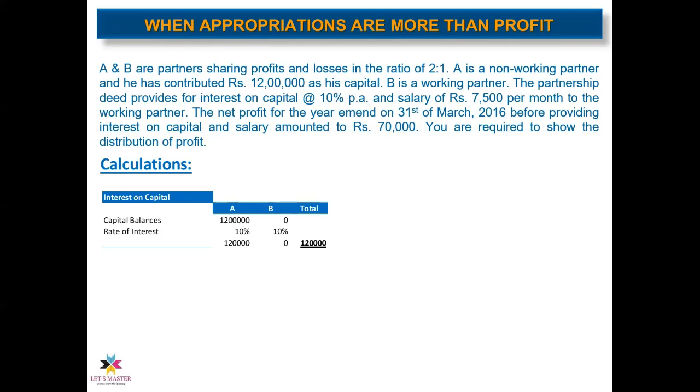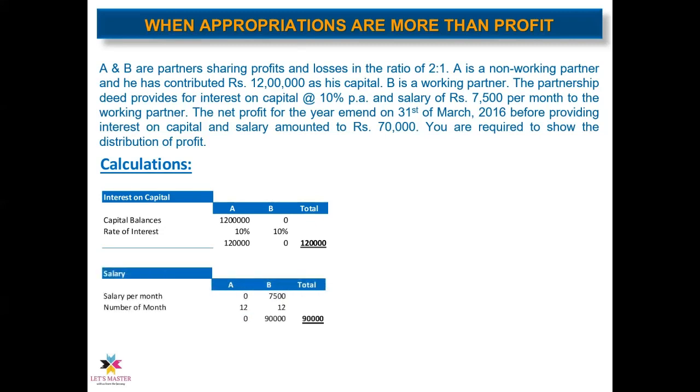If we talk about interest on capital, B has not contributed any amount as capital, so he will not receive any interest on capital. Whereas A has invested 12 lakh rupees as capital and the rate of interest on capital is 10%. So A is supposed to get 1,20,000 as interest on capital.